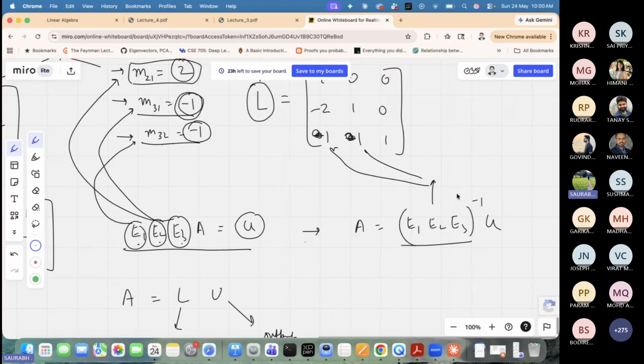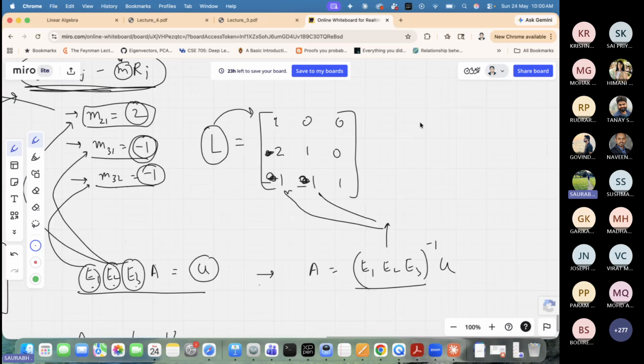When you took the inverse, they basically become 2, minus 1, minus 1. And that is where that minus comes from. That is where we are comparing with the equation Rj is equal to Rj minus M times Ri. So the reason we are comparing it with a minus sign is we are doing the inverse of these matrices. And that's why this minus comes.